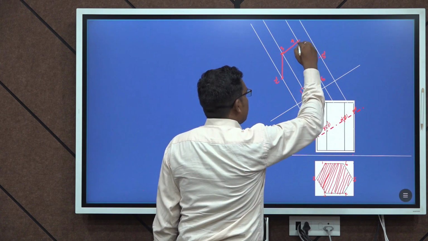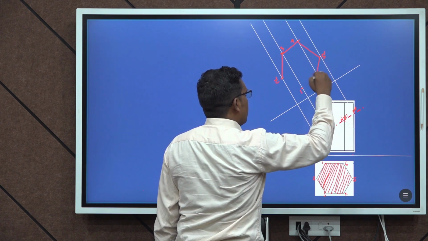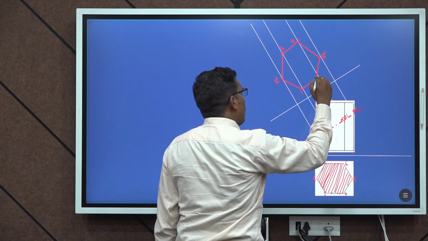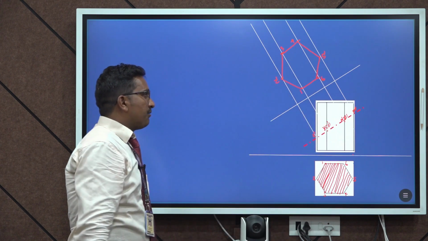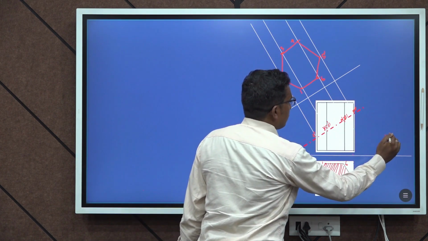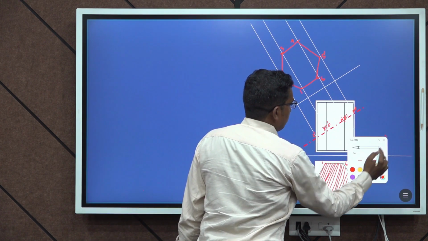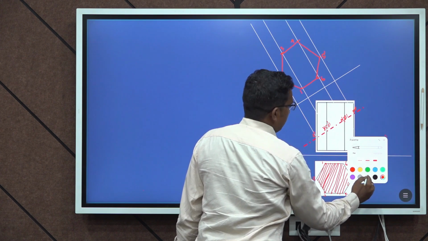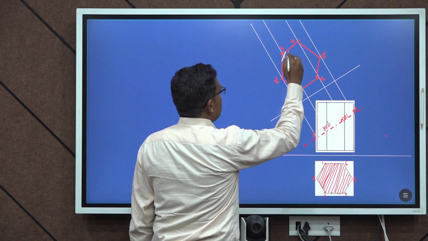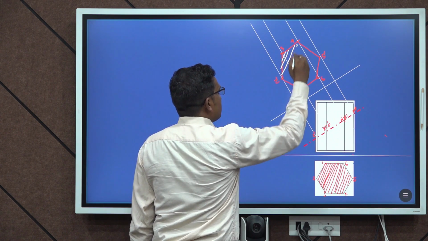Then join the lines like this using a rule scale or mini drafter, and then finally you will see the sectional top view. Now I am going to give the hatches.